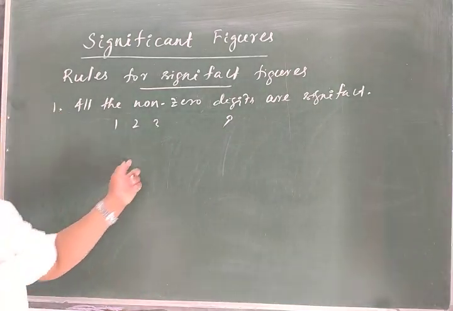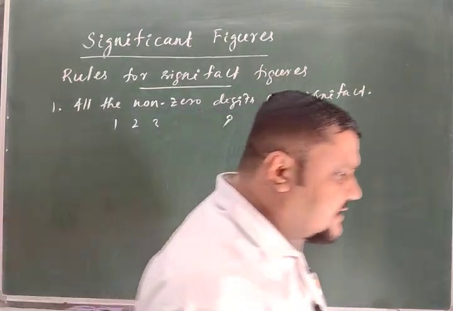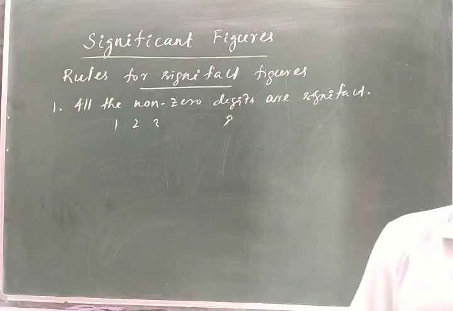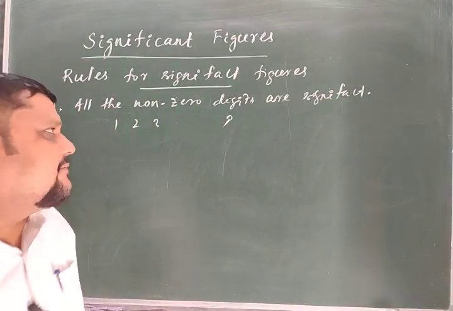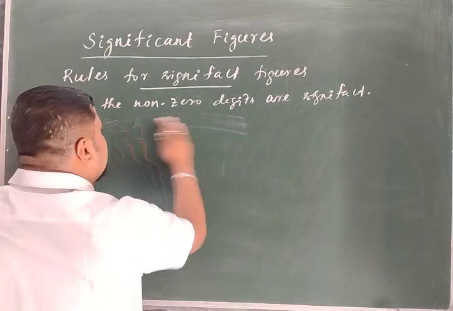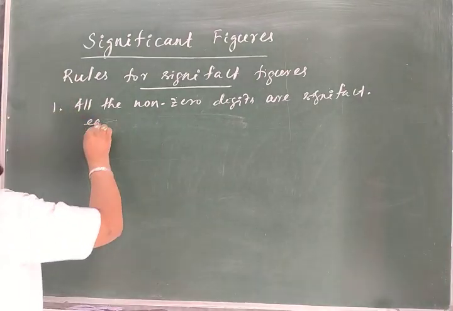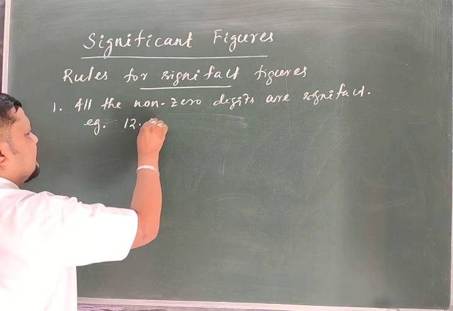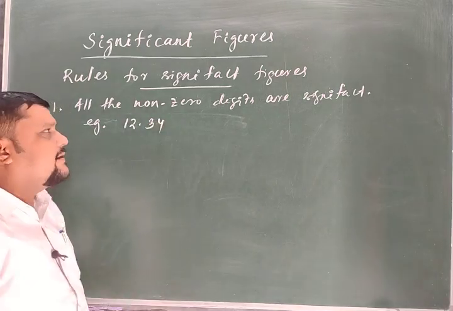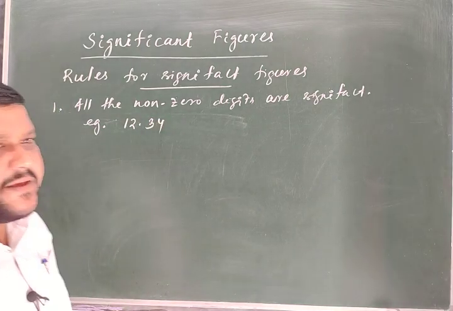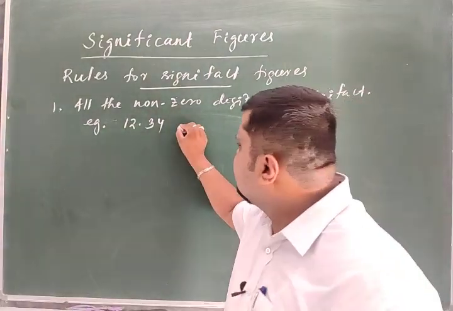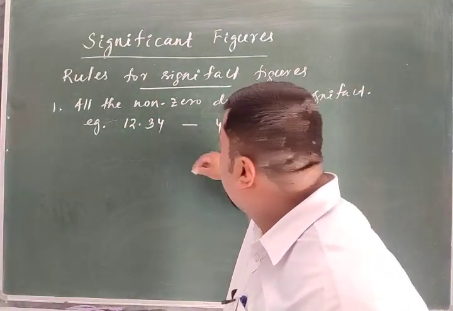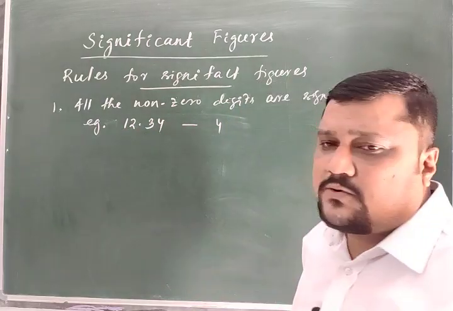So in a measurement, if a number from 1 to 9 is there, then we will count that as a significant figure. Suppose I write an example like 12.34. If I ask you what are the significant figures in this measurement, the number of significant figures is how much? 4, because all are non-zero.